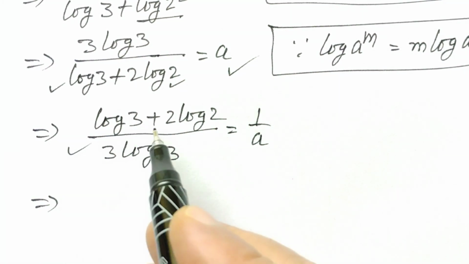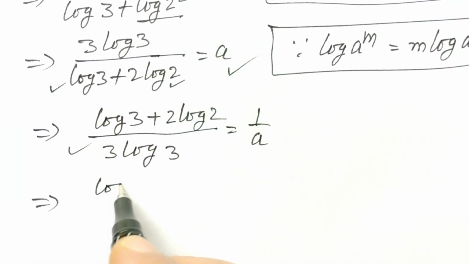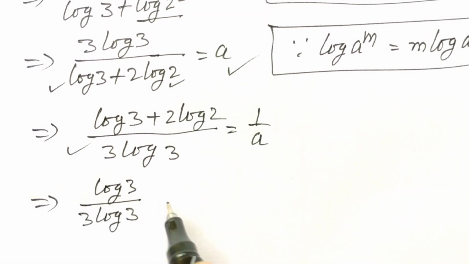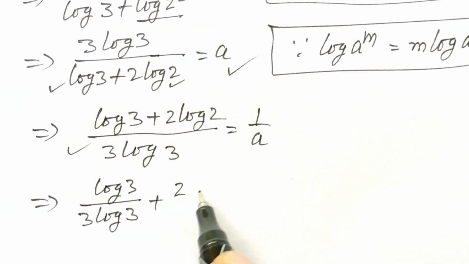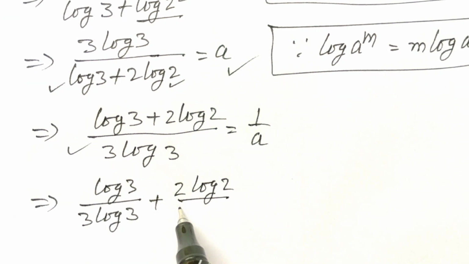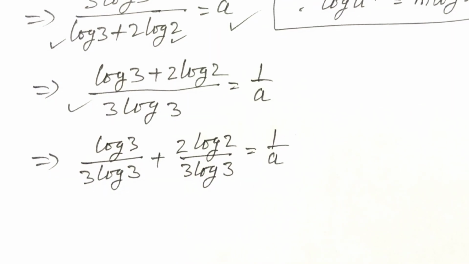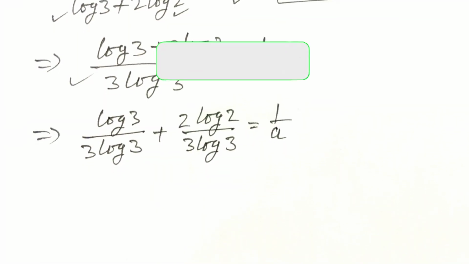Now we can write this as log of 3 over 3 log of 3 plus 2 log of 2 over 3 log of 3 is equal to 1 over a, right?